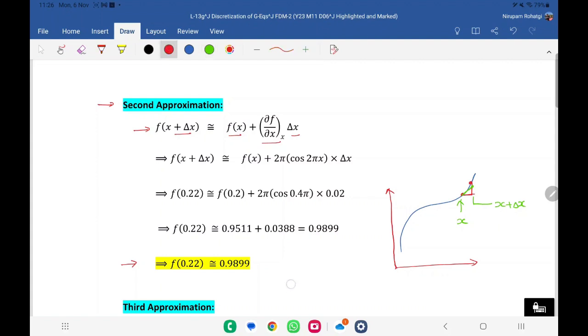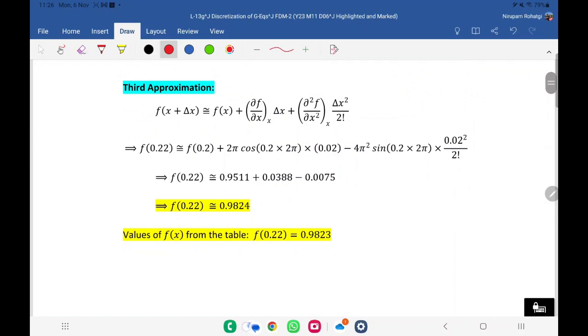Then we talk about the third approximation, and we take all the terms up to 0.2. We ignore the terms which are after 0.2. So now we are taking three terms: one, this and this. You can solve this.